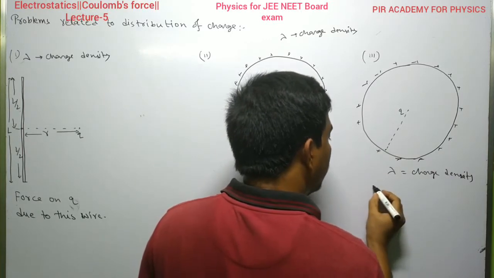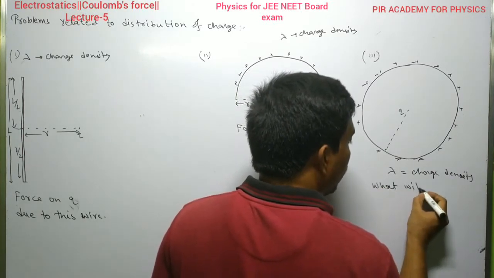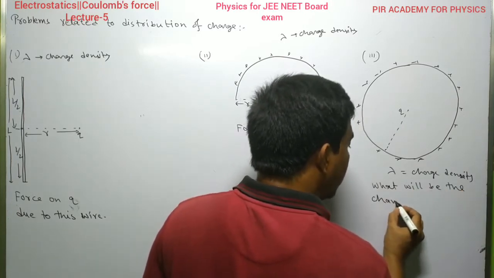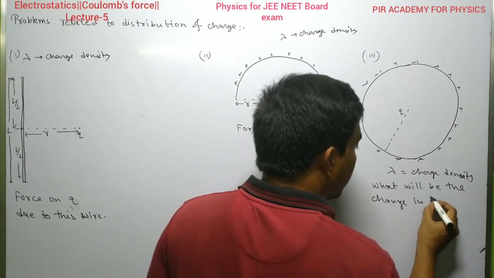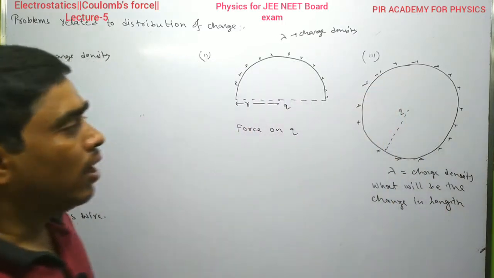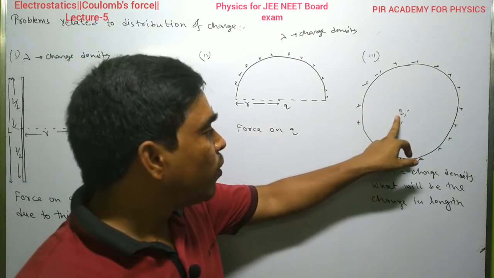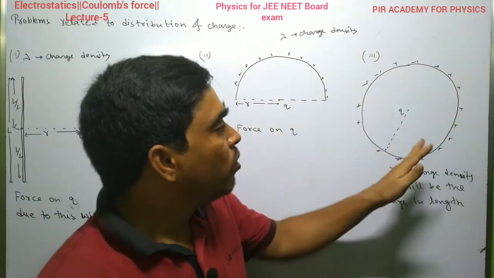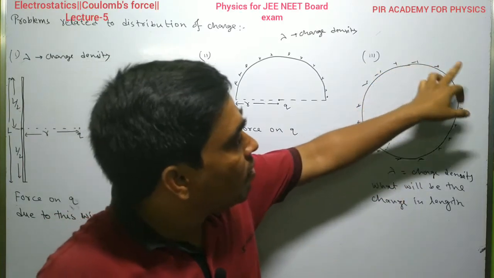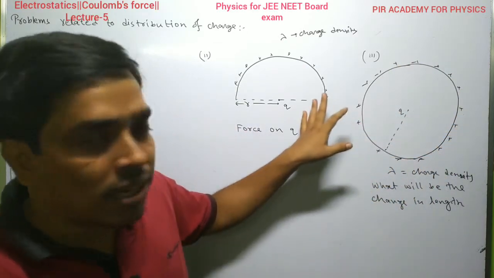So you have to find out what will be the change in length due to this configuration. This charge is positive and this is positive, so they repel each other. Then the radius of this wire will expand.